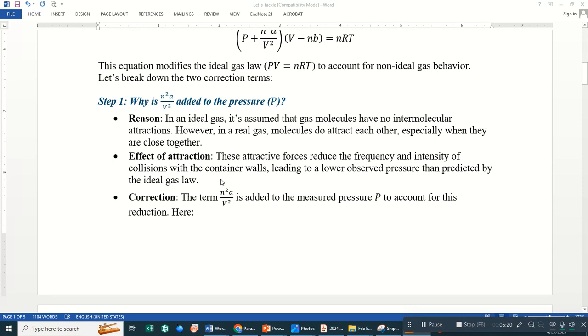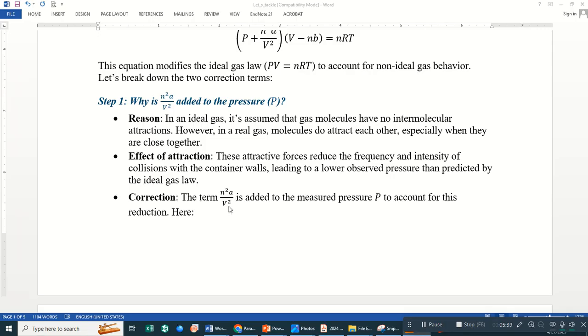Next, the term n² multiplied by a over V² is added to the measured pressure to account for this reduction.